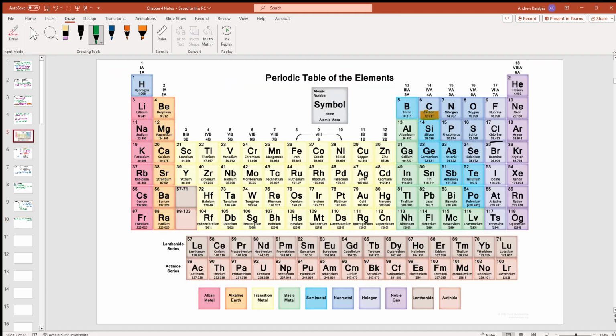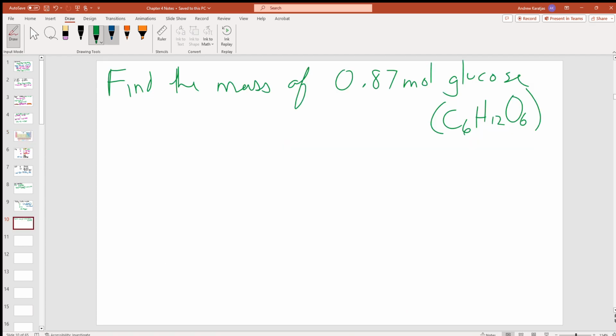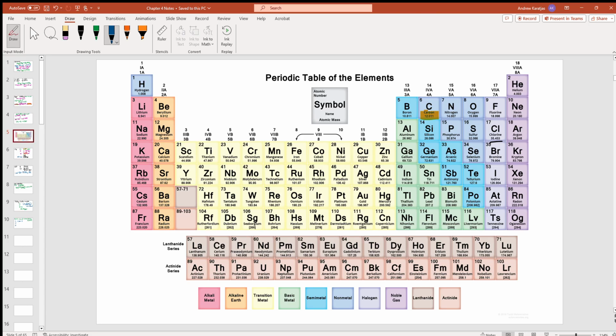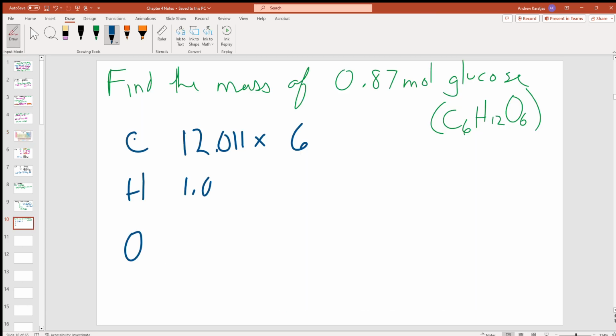So again, you go back to your periodic table, you find carbon 12.011. Since there's 6 of them, we're going to multiply that by 6. For hydrogen, 1.008 times 12.